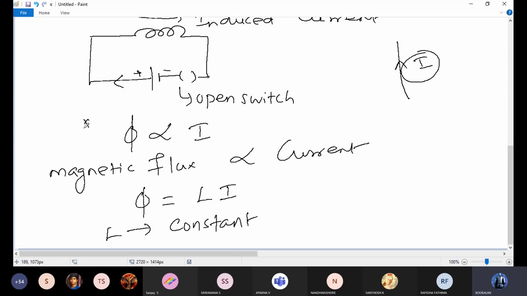Listen everyone, this formula is very important. Phi is directly proportional to I; the magnetic flux is directly proportional to current. Phi equal to LI. What does L mean? That is a constant. Another name for it is the coefficient of self-inductance.